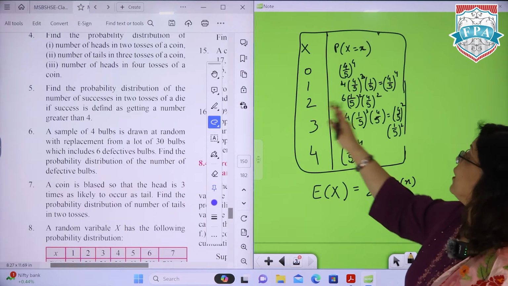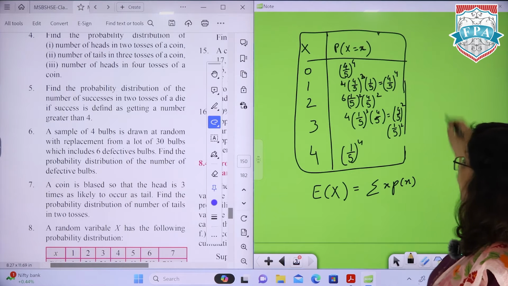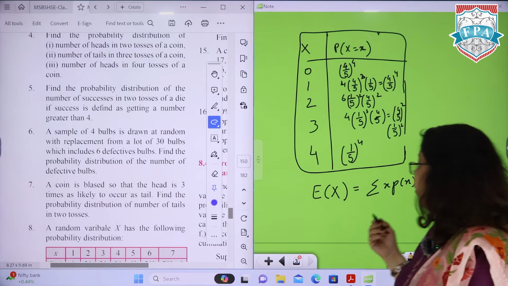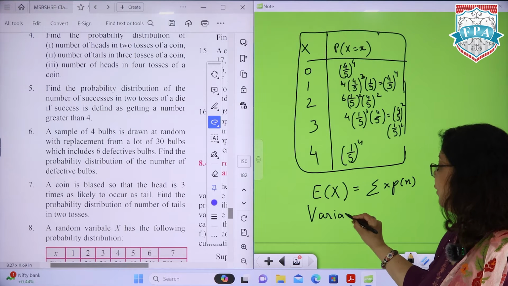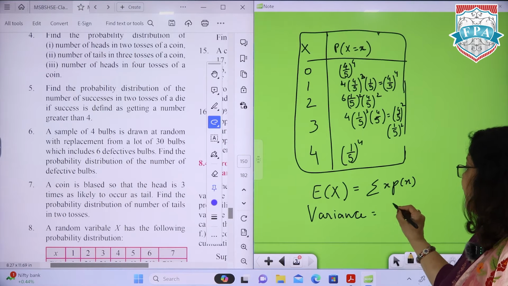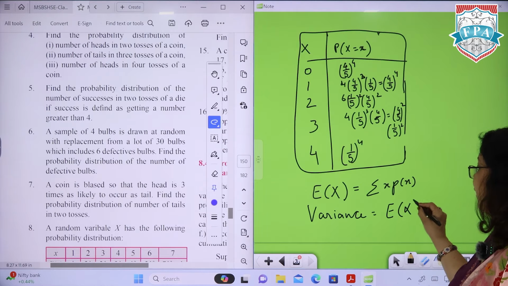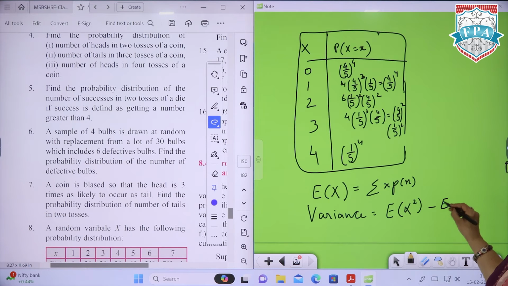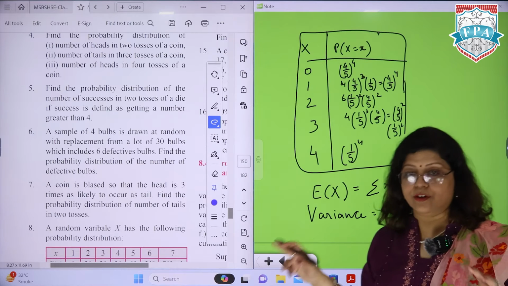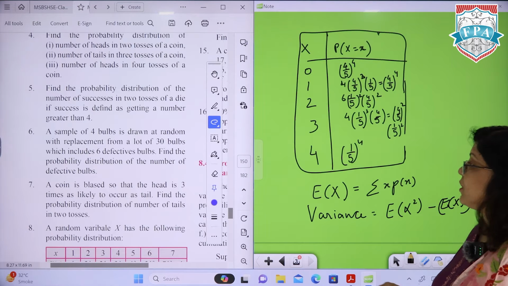So we'll multiply these two columns to get the E(X) value, and for the variance we use another formula, which is E of x square, that again we'll calculate from the table, minus E(X) whole square. There's a difference between these two values. So that value is the variance.